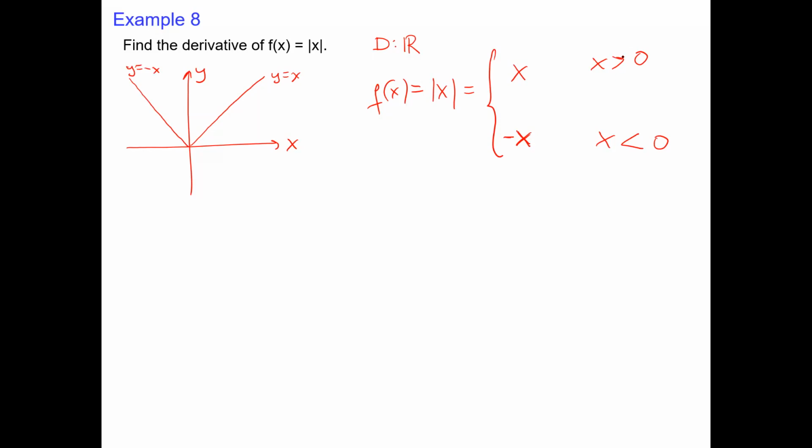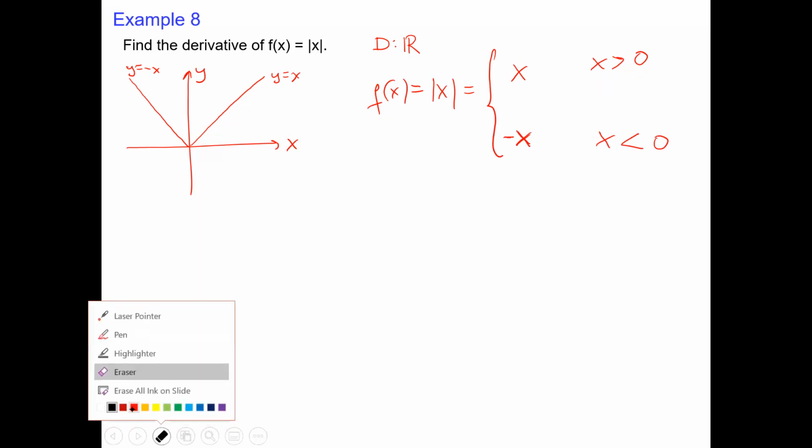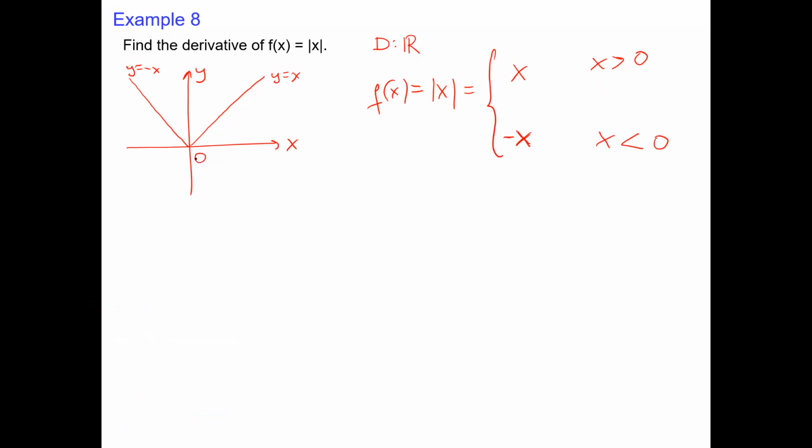And of course, if x is 0, the absolute value of 0 is 0. But I will actually remove that 0 for a second. 0 is still in the domain, it's not a problem, but we do have a problem with respect to the derivative. Now we don't even have to compute the derivative using the limit.